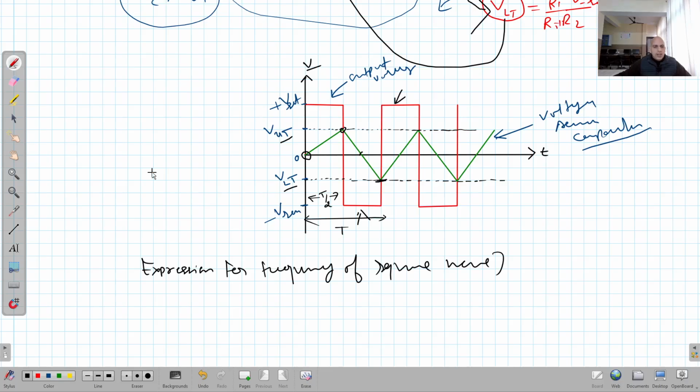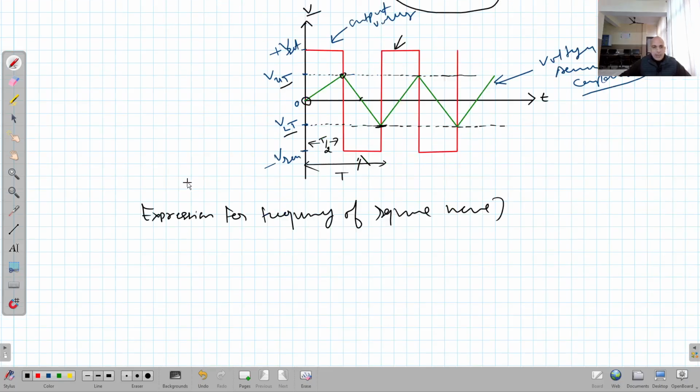We know the instantaneous voltage across the capacitor, V_C at any time t: V_C(t) = V_max + (V_initial - V_max) e^(-t/τ), where τ is the time constant.